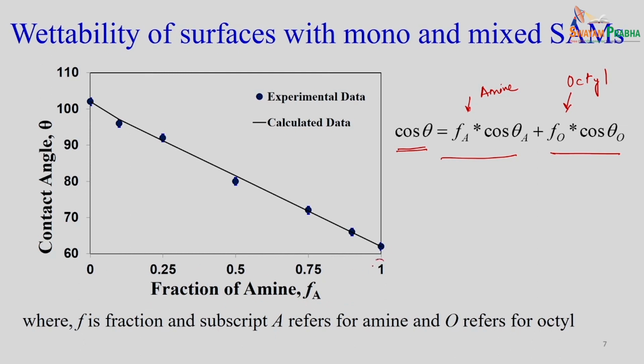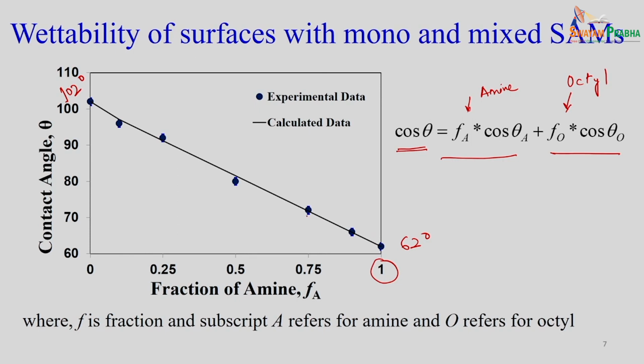When the fraction of amine is 1, the contact angle is 62 degree, and when the fraction of amine is 0, the contact angle is 102 degree. For intermediate values, depending on Fa and Fo, we can calculate using the very simple Cassie equation.